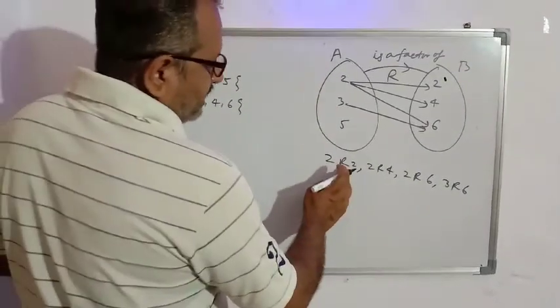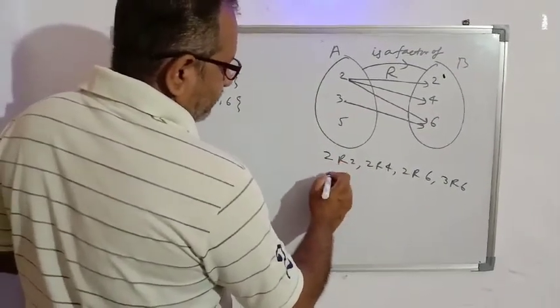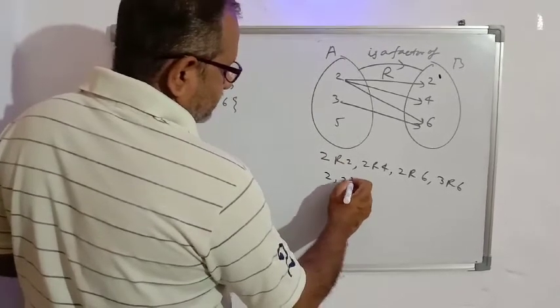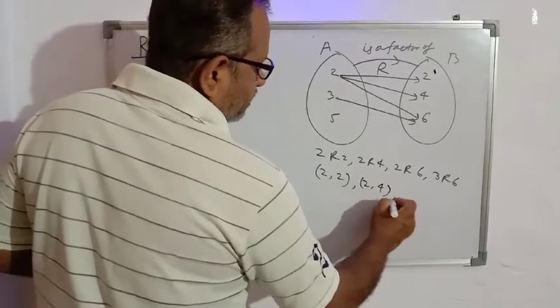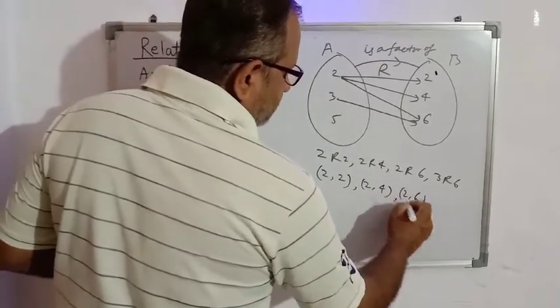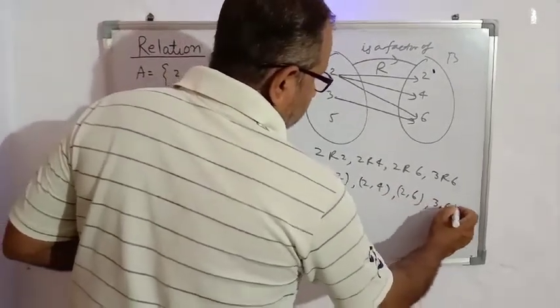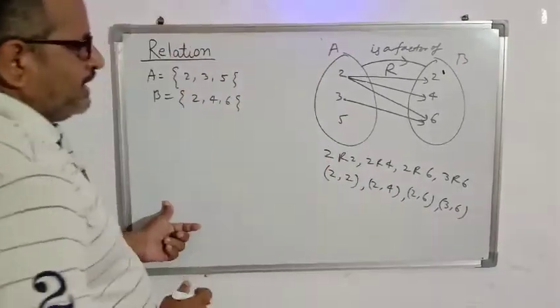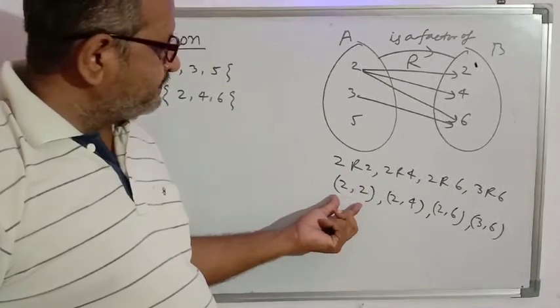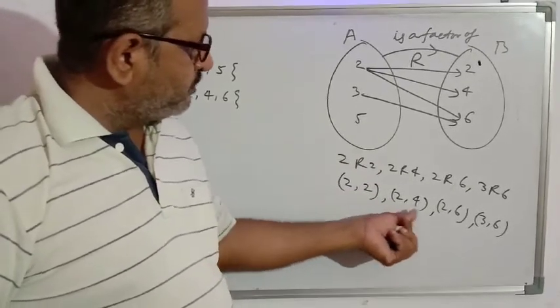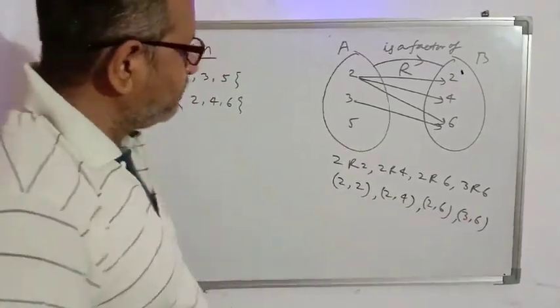If we omit the letter R, we can write it in the form of ordered pairs: (2, 2), (2, 4), (2, 6), (3, 6). Omit the letter R, put a comma and make it an ordered pair. So these are the ordered pairs.